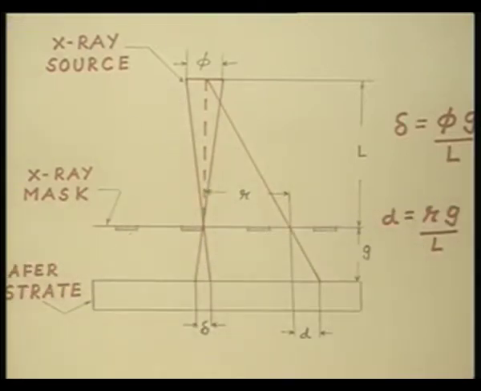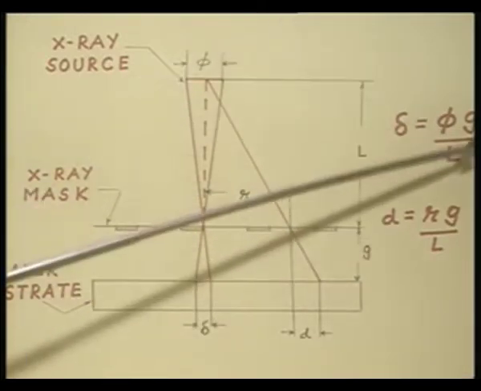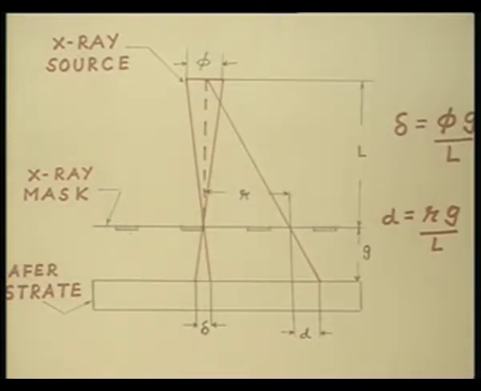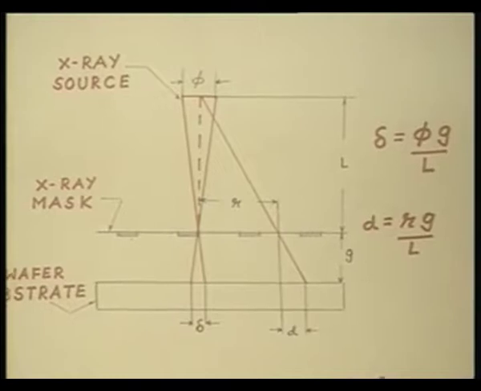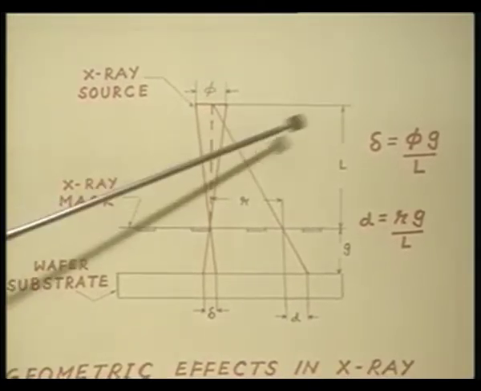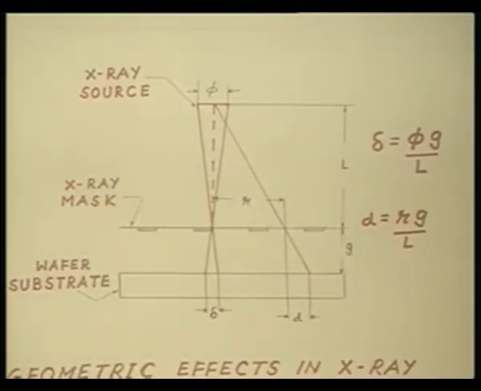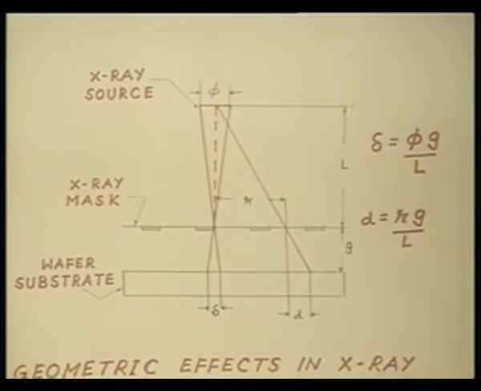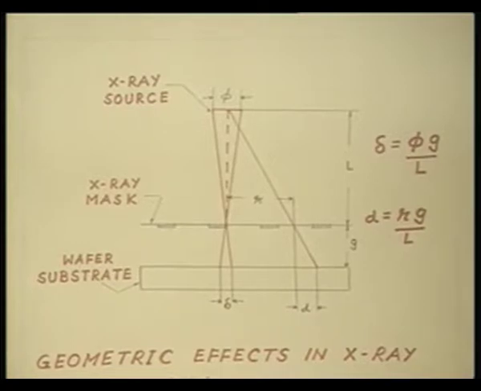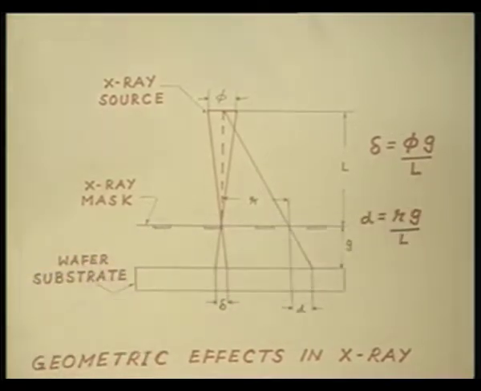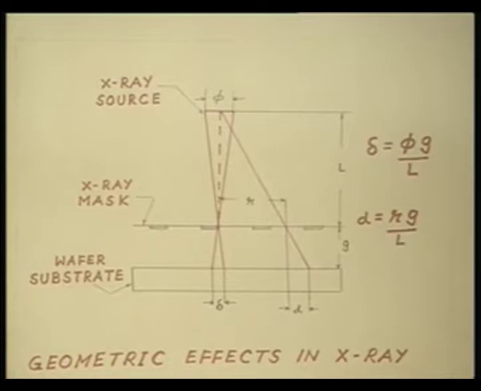So, we see that for both delta as well as D, the factor G by L is a very important parameter, where G is the separation between the mask and the substrate and L is the distance of the X-ray source from the mask. In order to keep the geometrical effects to a minimum, this G by L should be as small as possible.